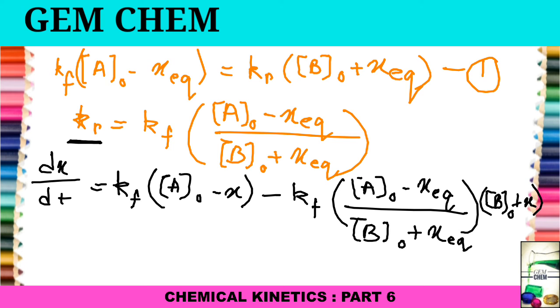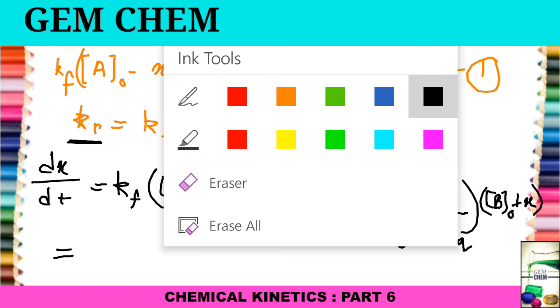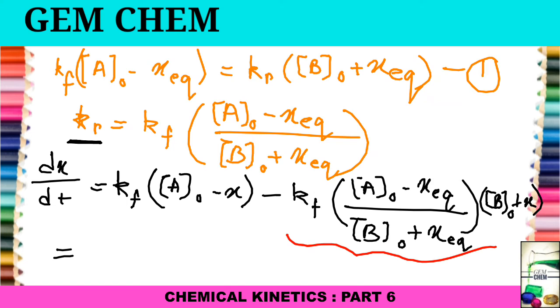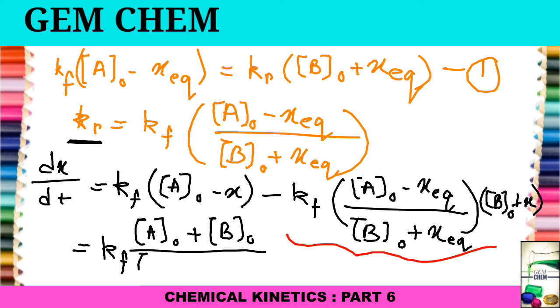And on simplifying this whole part, what we get is dx by dt is Kf (A naught plus B naught) by (B naught plus x equilibrium), and here (x equilibrium minus x). This is the value of dx by dt.